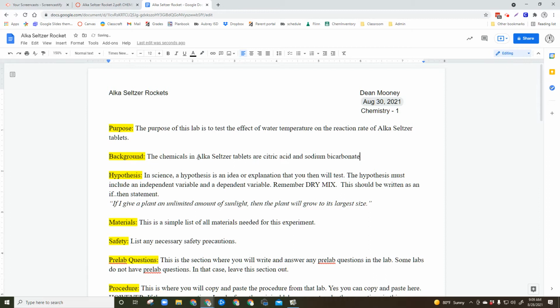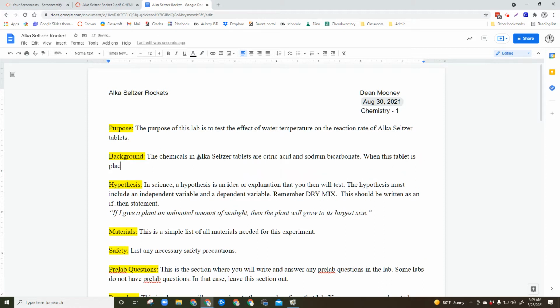When this tablet is placed in water, a chemical reaction takes place between the two chemicals. All right.